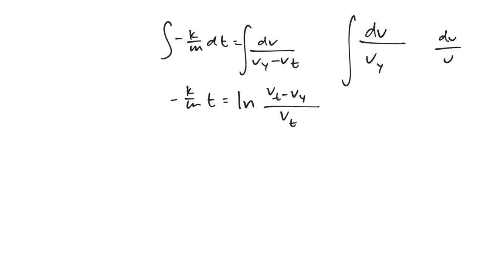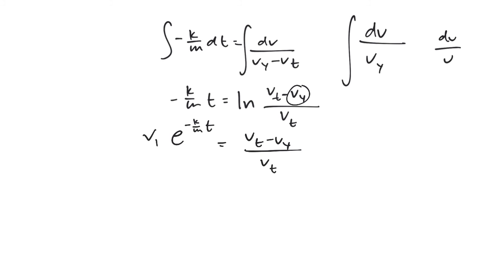And then from there, we've got to rearrange everything. We're solving this for Vy. So to get rid of that natural log, we do e to the x, so it's e to the negative k over m t equals (Vt minus Vy) over Vt.